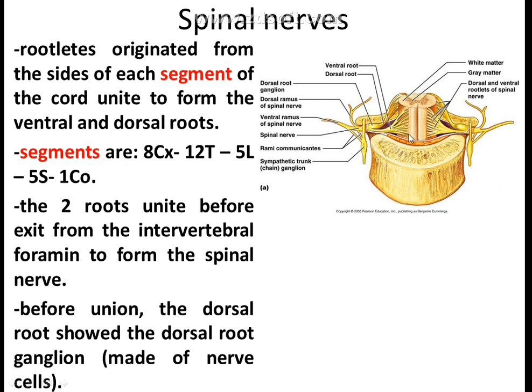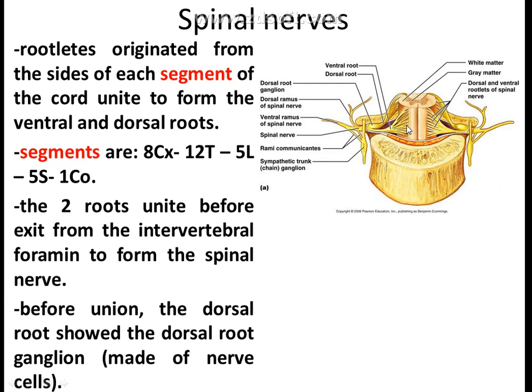At each segment of the spinal cord, for example cervical segment, thoracic segment, lumbar segment, or sacral segment, you know, we have 12 thoracic, 8 cervical, and so on. At each of these segments, we have many rootlets of spinal nerve originating from a region on the lateral side of the spinal cord.